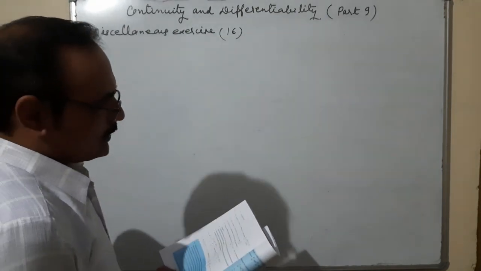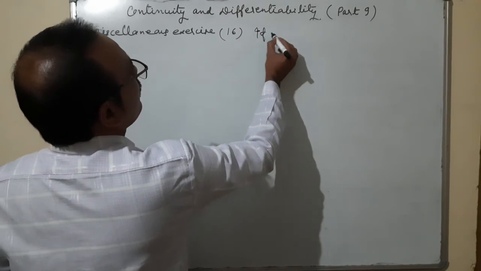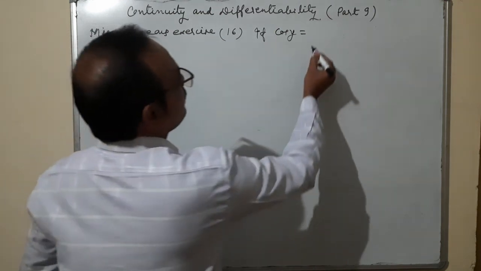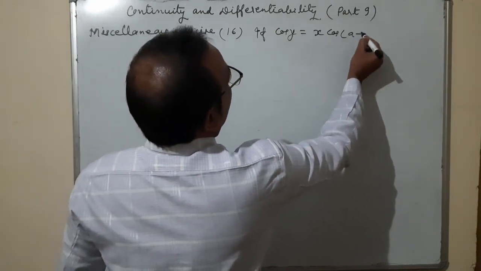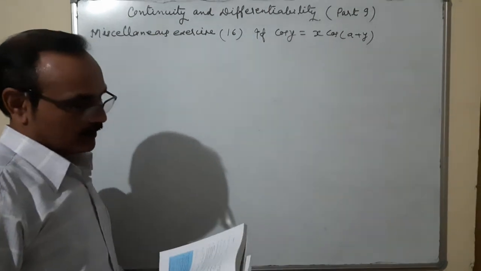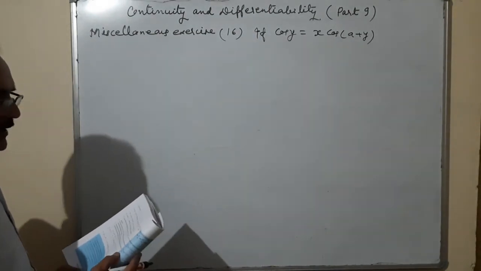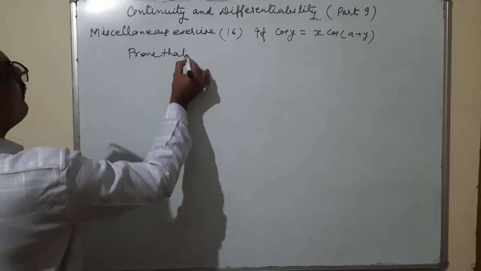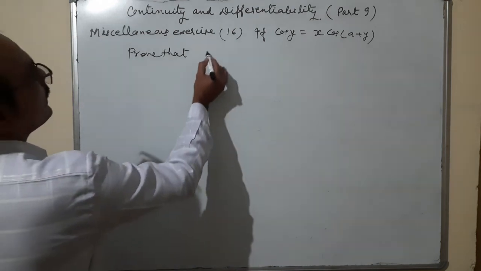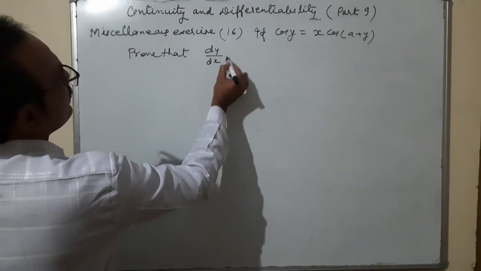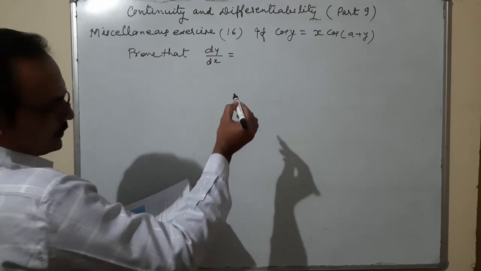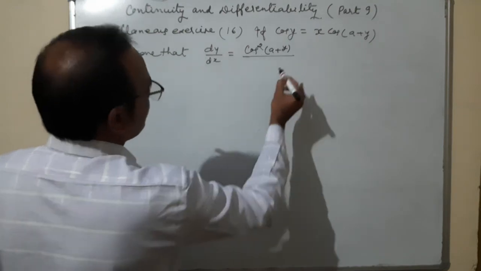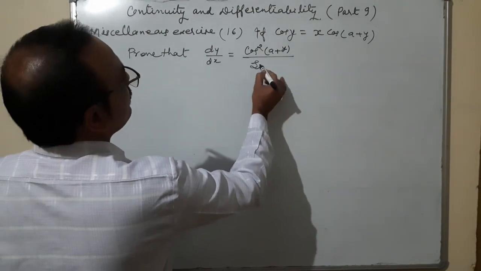Question 16: if cos y is equal to x cos a plus y, with cos a not equal to plus minus 1, prove that dy by dx is equal to cos square a plus y upon sin a.